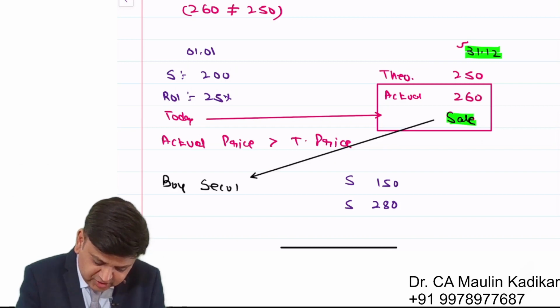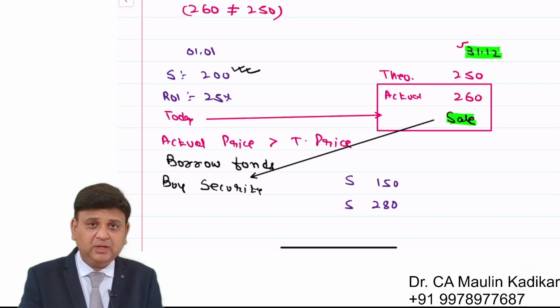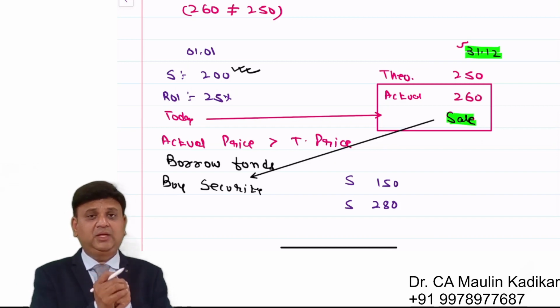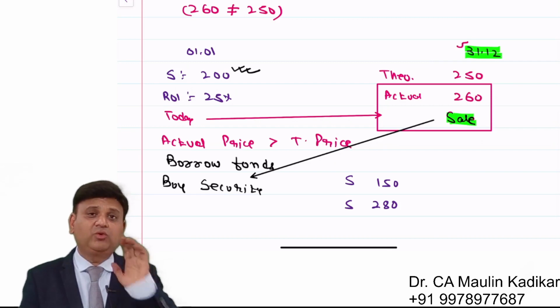In order to buy security, you will borrow funds. So you will borrow an amount of 200 at the rate of 25% for 1 year. You will buy security and you hold it for 1 year. Along with that, you enter into the forward contract for selling security at 260.